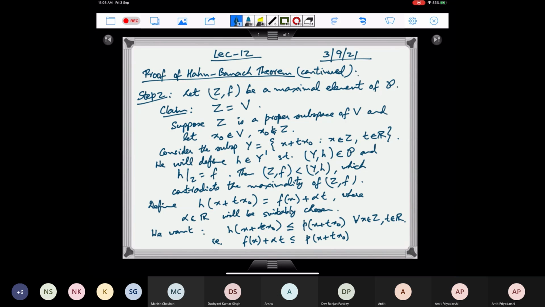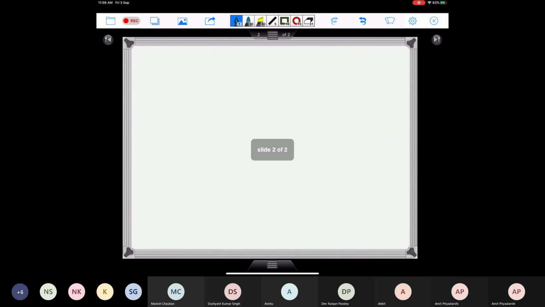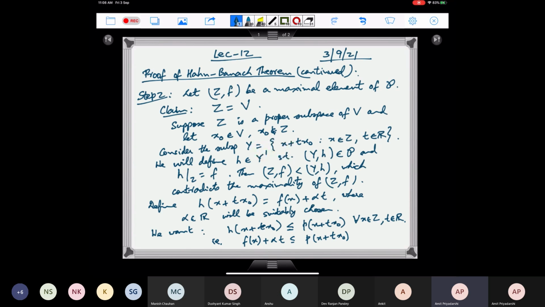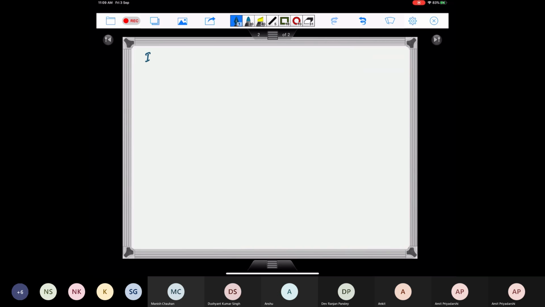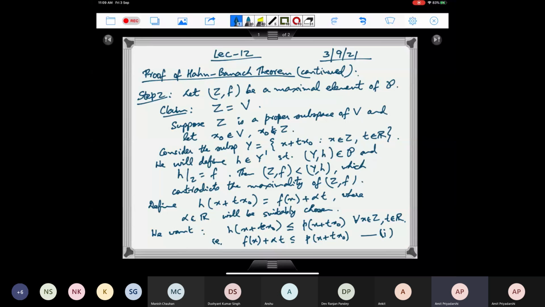So let's call this (1). If t is greater than 0, then (1) is equivalent to, in this case, we can write alpha t is less than or equal to p of x plus t x naught minus f of x, and then we can divide by t.